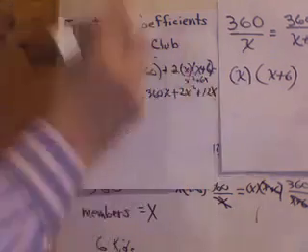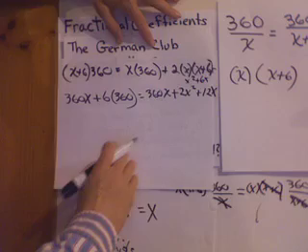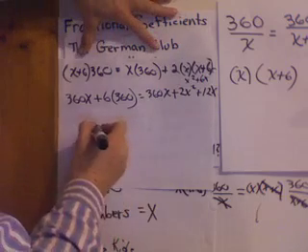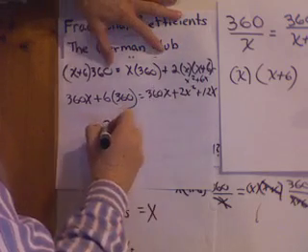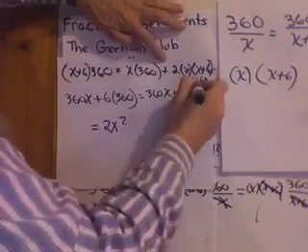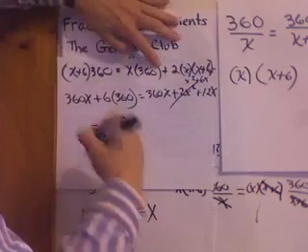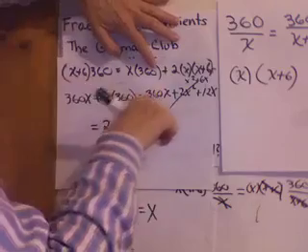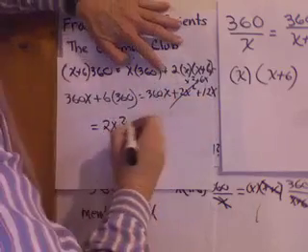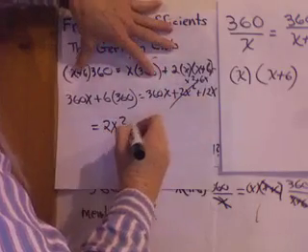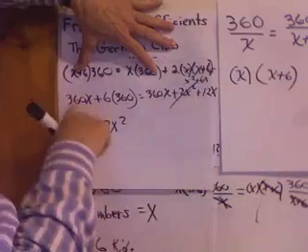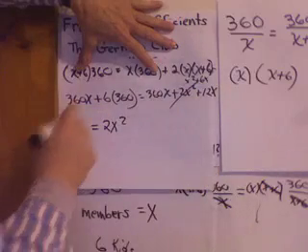All right, let's simplify and get everything onto one side. So my x squared I want to write first, 2x squared. So I got that. Then I have 360x plus 12x, so let's move this 360x over.